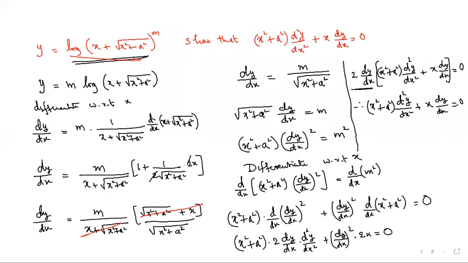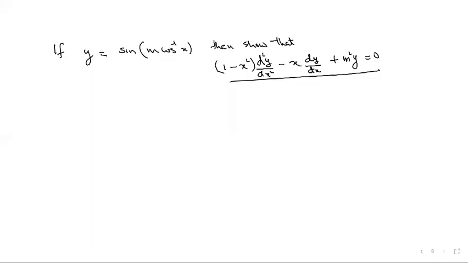I hope you got the technique of doing this problem. The answer contains neither sine nor cos. So transfer the sine inverse to the left-hand side. Now if you differentiate it, the derivative of sine inverse y doesn't have sine or cos.